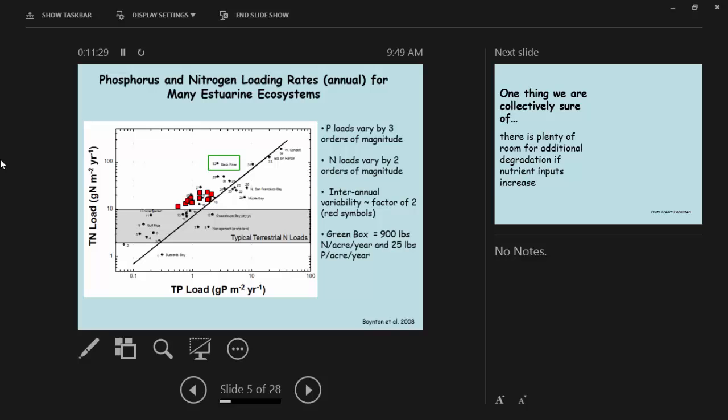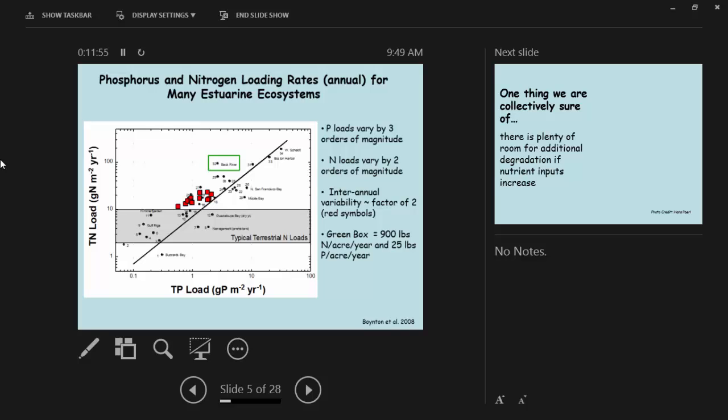Each dot represents the amount of nitrogen and phosphorus that gets into these different coastal ecosystems each year. The brown bar indicates the nitrogen dosage to many temperate landscapes. And what we see here is that lots of these estuaries are, quote-unquote, dosed with N and P at levels that exceed what we normally dose the land at.